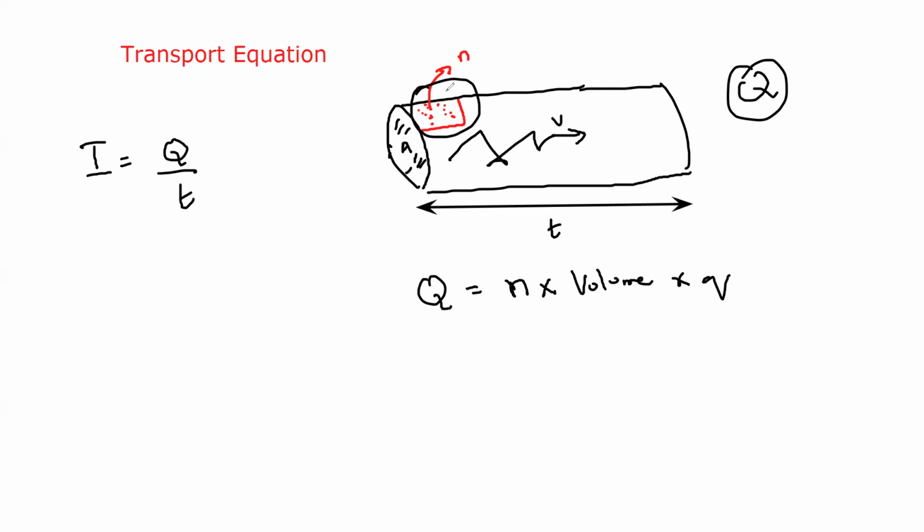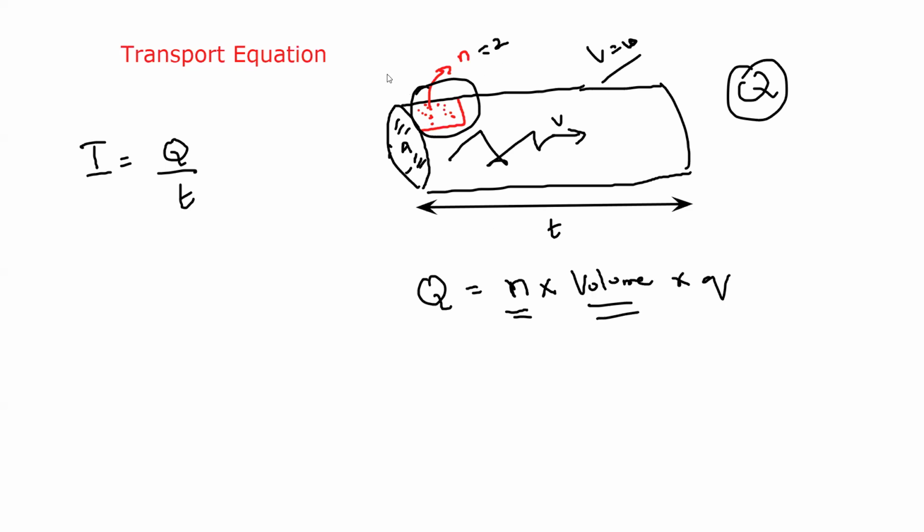So what is the total charge in this wire? For example, if I say there are two charges in a unit volume and the total volume is 10, how many total charges will there be? It will be 2 multiplied by 10, which is 20. So if we multiply the charge density with the total volume of the wire, we get the total number of charges.